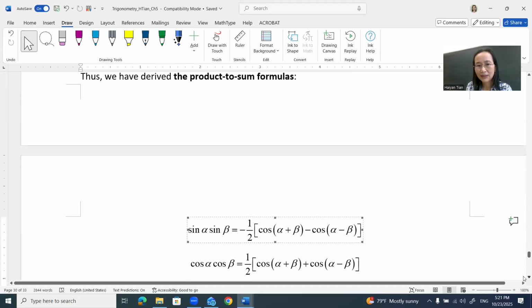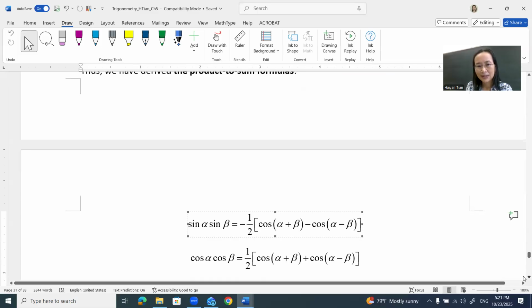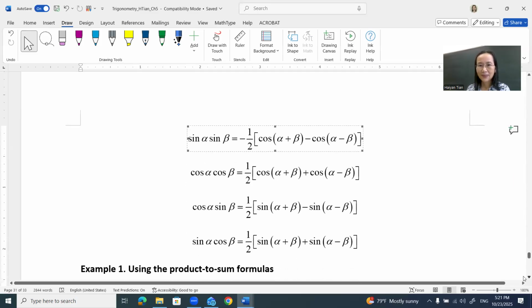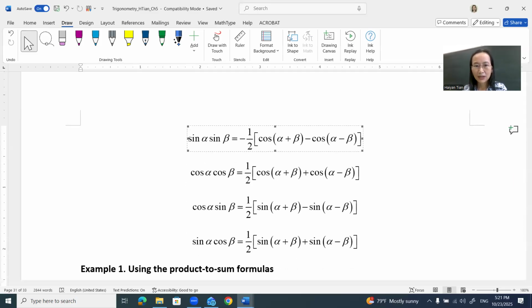So let's look at these 4 formulas that we derived so far. Put them all together, and from the formulas you can see how we derived them, right? By adding these two identities we get this.